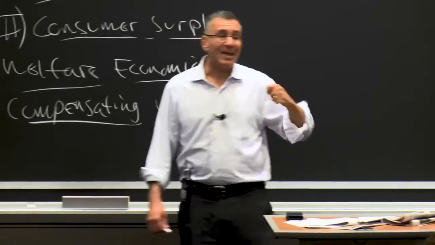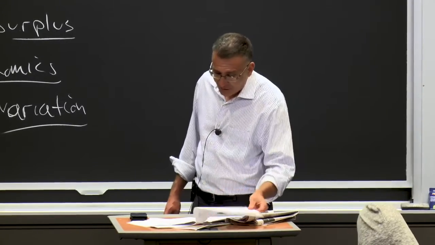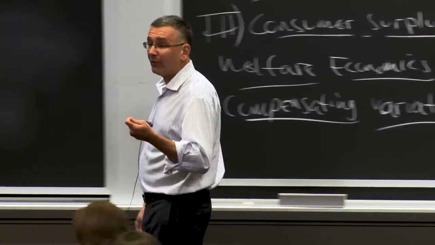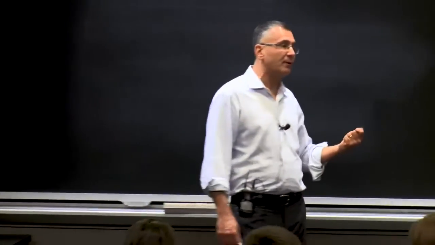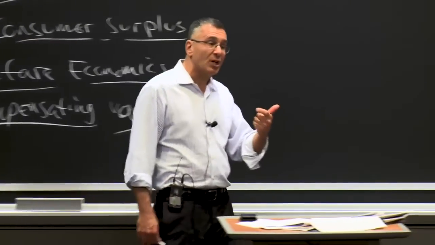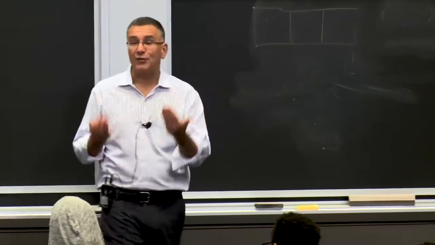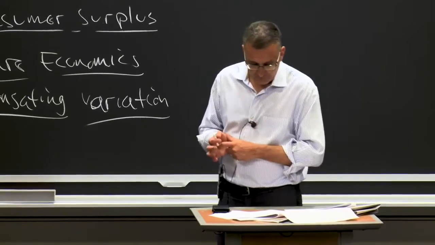I can basically measure those things by asking you, how much would you pay to be better off? Or how much would you be willing to pay not to be worse off? And that is what we call compensating variation. We measure your well-being by the money equivalent that you give us in expressing your preferences.